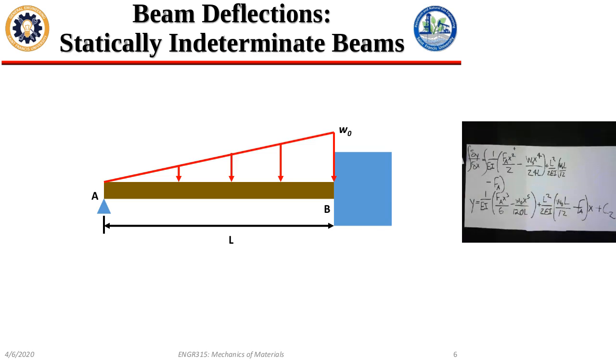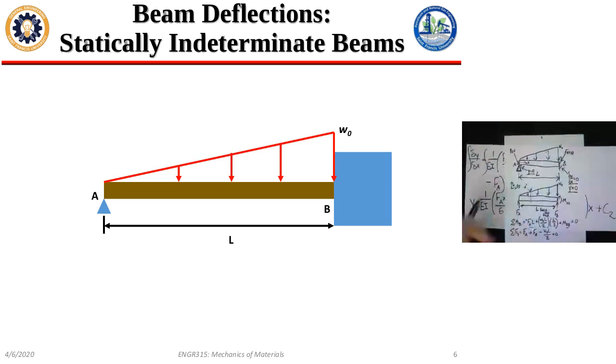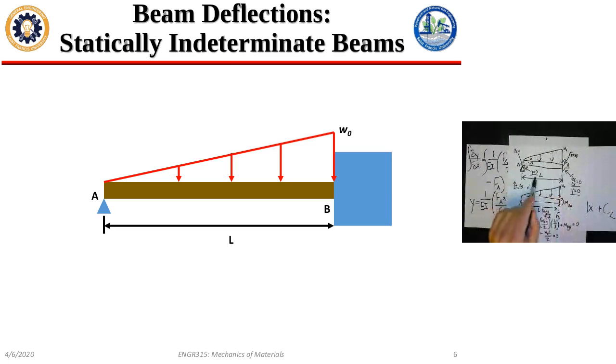Cool. All right, so how do I solve for C2? Zero, zero. Yeah, so if I go back to my free-body diagram, I have three boundary conditions here: y equals 0 at x equals L, dy/dx equals 0 at x equals L, and y equals 0 at x equals 0. We already used the slope one.